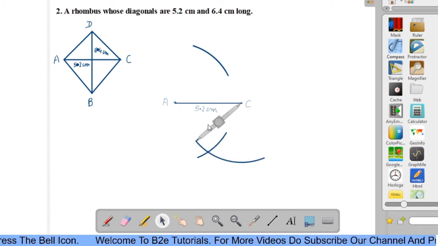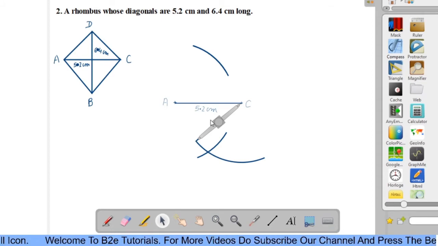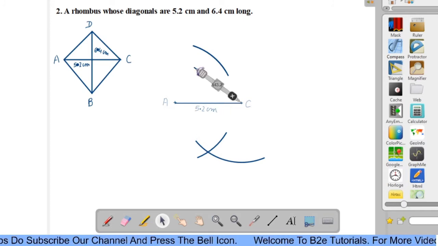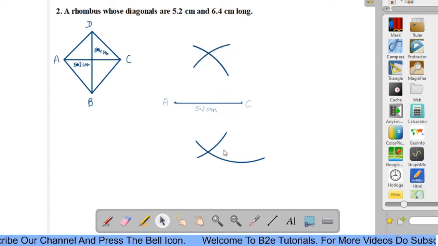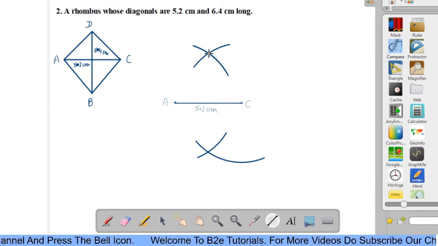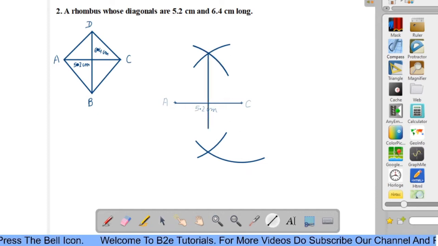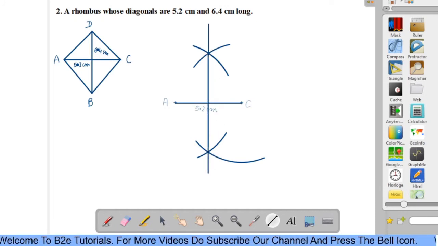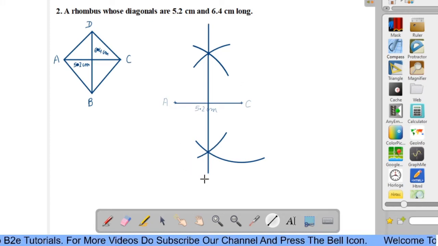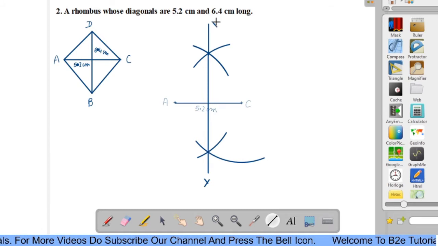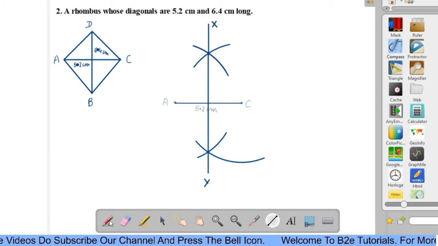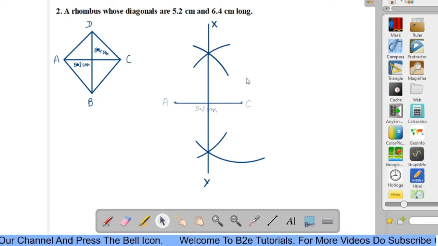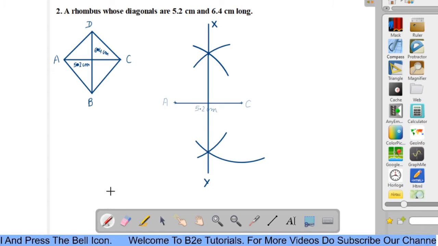Now with center C and the same radius, cut these two arcs. Let them be X and Y. Join X and Y. Let AC and XY intersect at O.